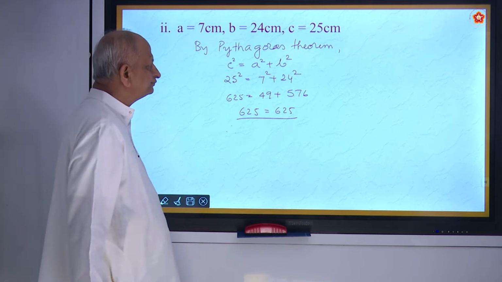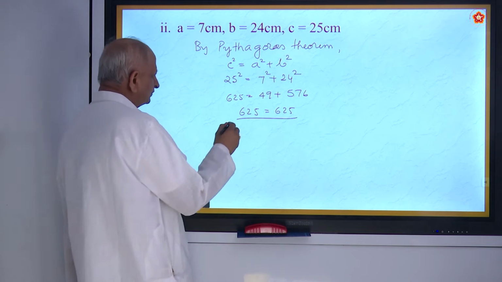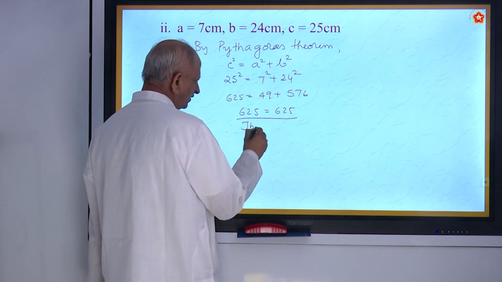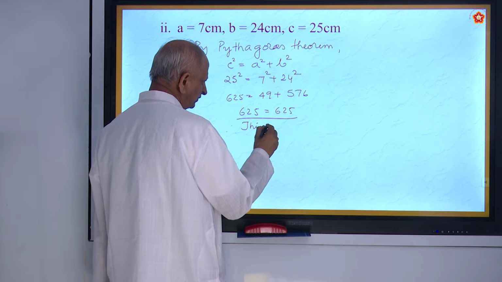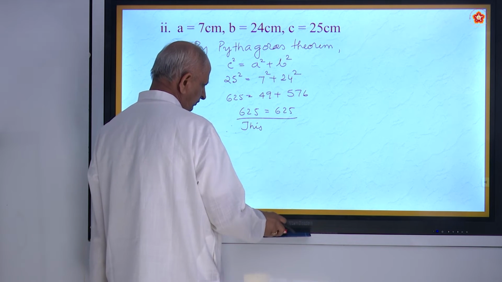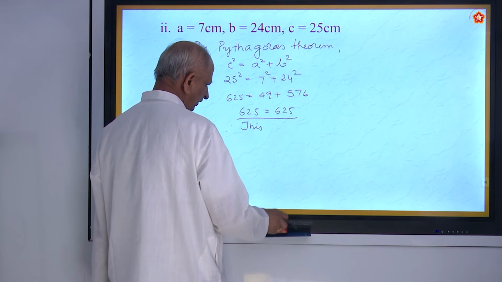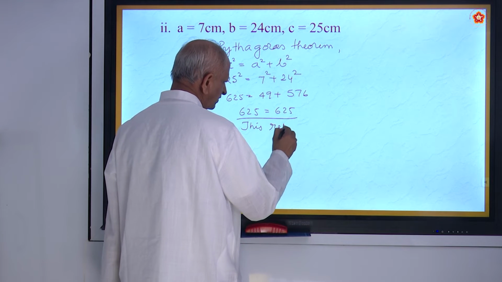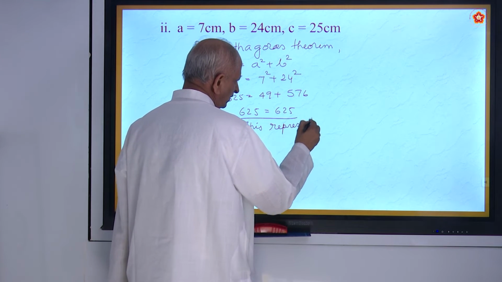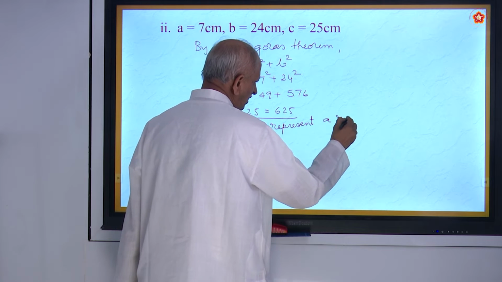Therefore, this is a right angle triangle.